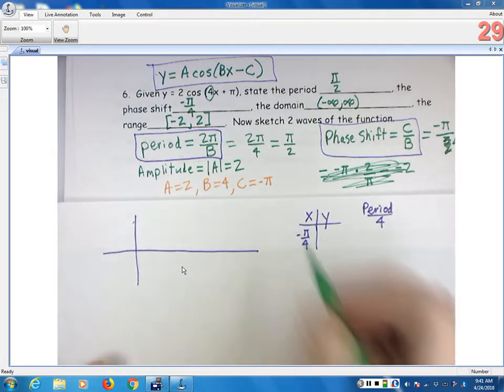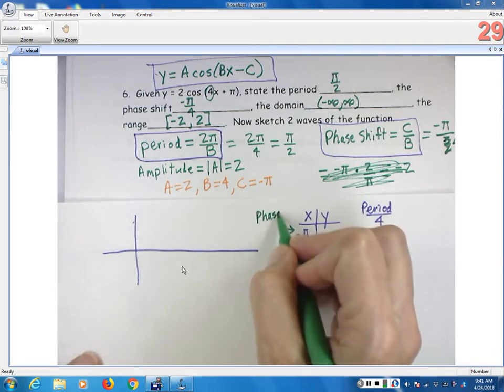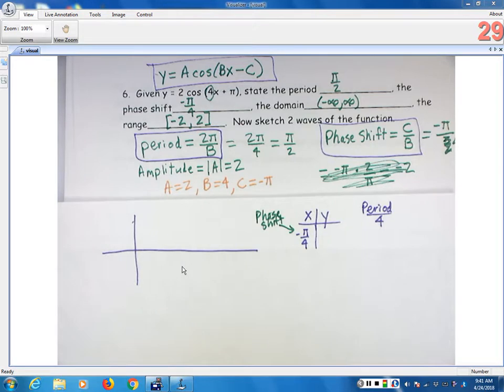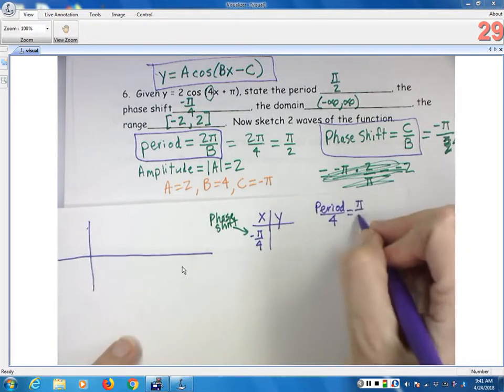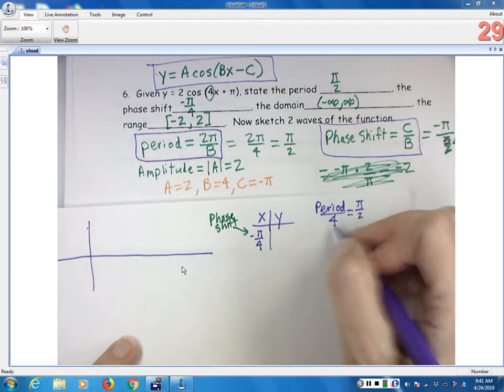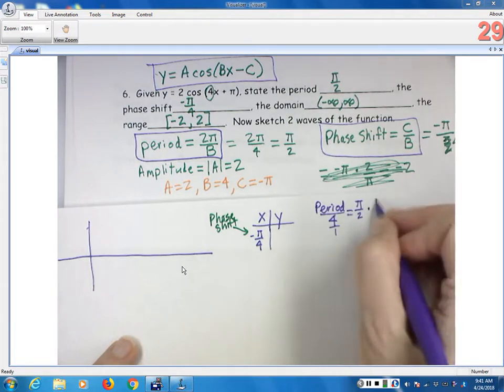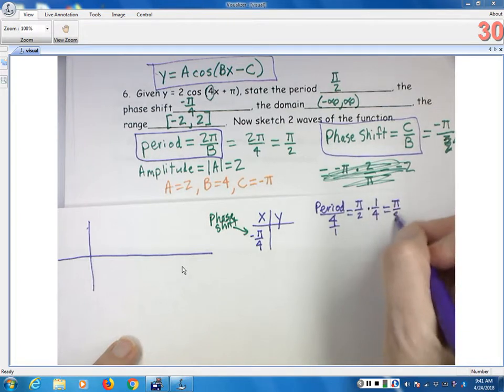The period is pi over 2. Pi over 2 divided by 4, or times 1/4, is pi over 8.